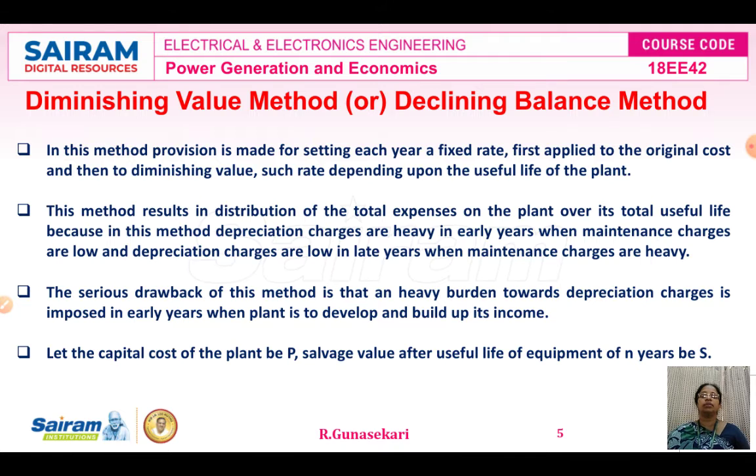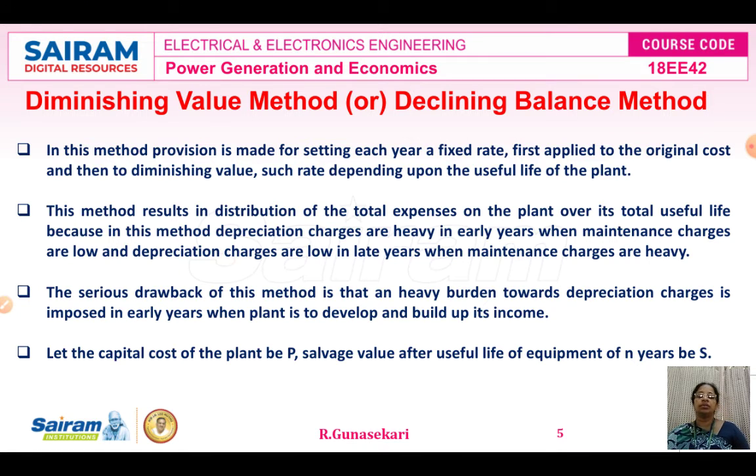The second method is the diminishing value method or declining balance method. In this method, provision is made for setting aside each year a fixed rate. First we apply it to the original cost, then we calculate the diminishing value, with the rate depending upon the useful life of the power plant.